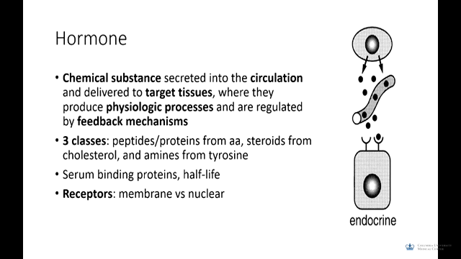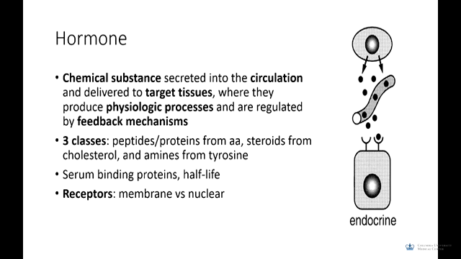When they're in circulation, many hormones bind to serum binding proteins. For example, we have TBG for thyroid hormone. We have SHBG for sex hormones. And the affinity of binding is going to determine the half-life of the hormone. That's the reason why protein hormones tend to have the shorter half-life.